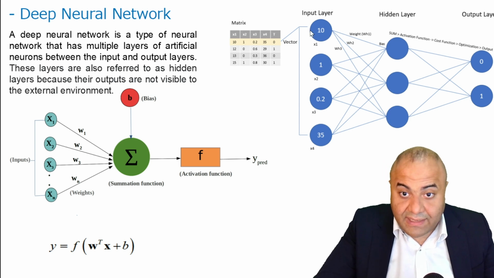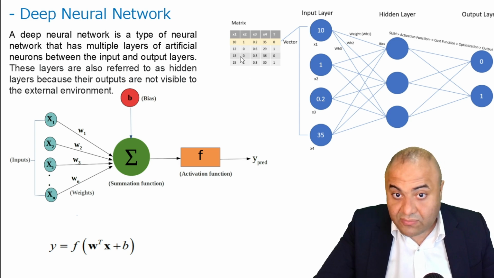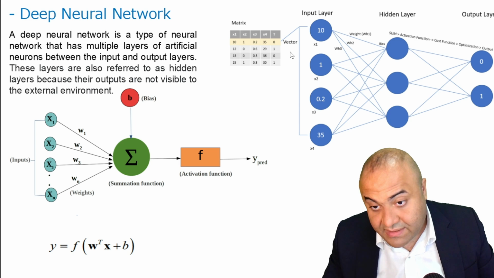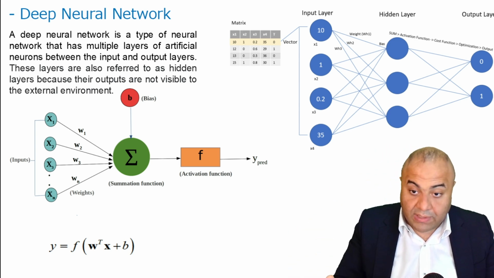Well, if we have data with input values, for example, x1, x2, x3, x4, and a target value, let's say we try to classify something, so it's 0 or 1.